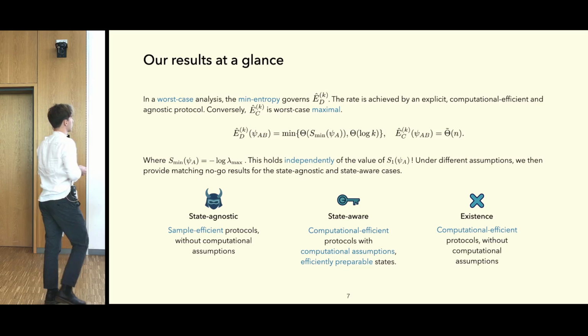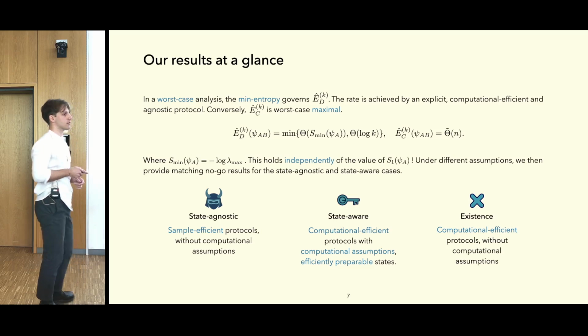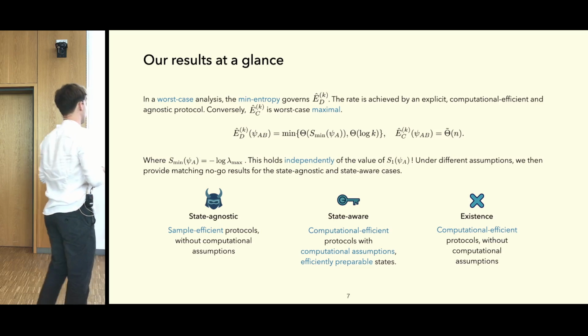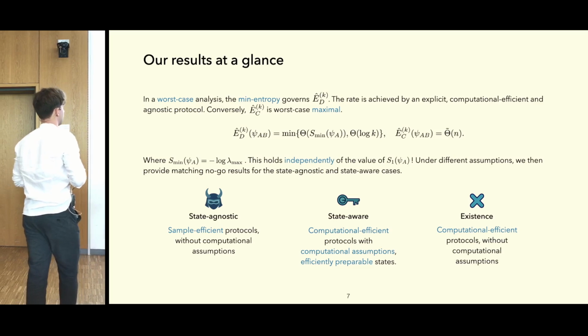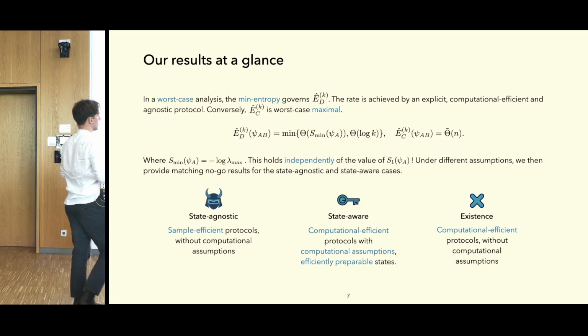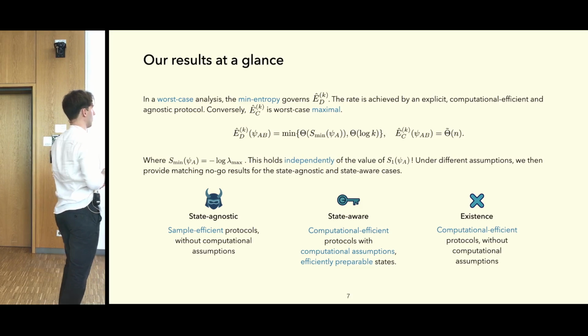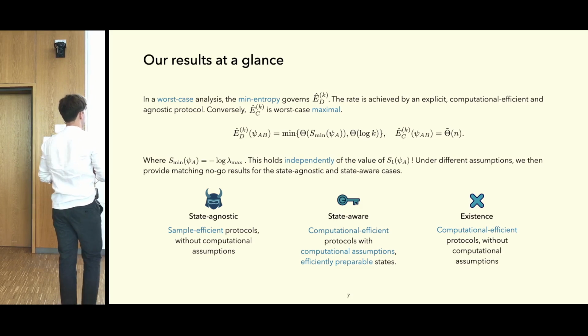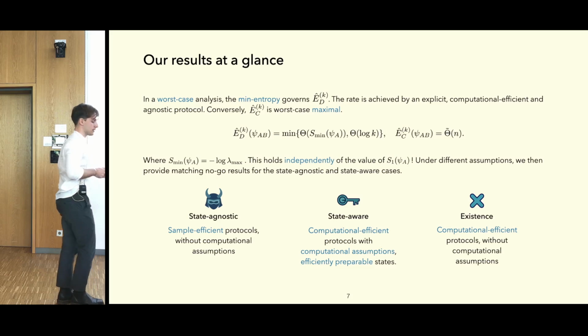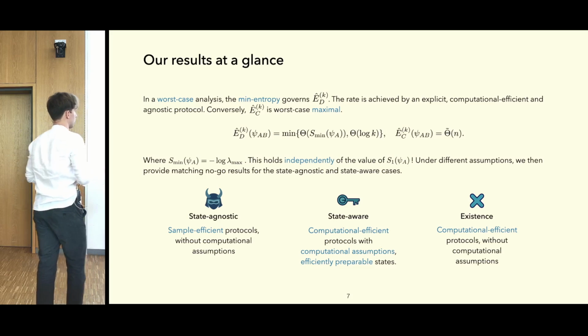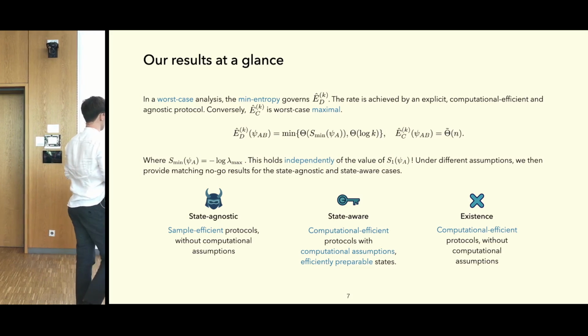In the state-agnostic scenario, we get the same bound by considering only sample-efficient protocols, so they don't need to be computationally efficient. While in the state-aware setting, we assume computational efficiency, but the states are now efficiently preparable.